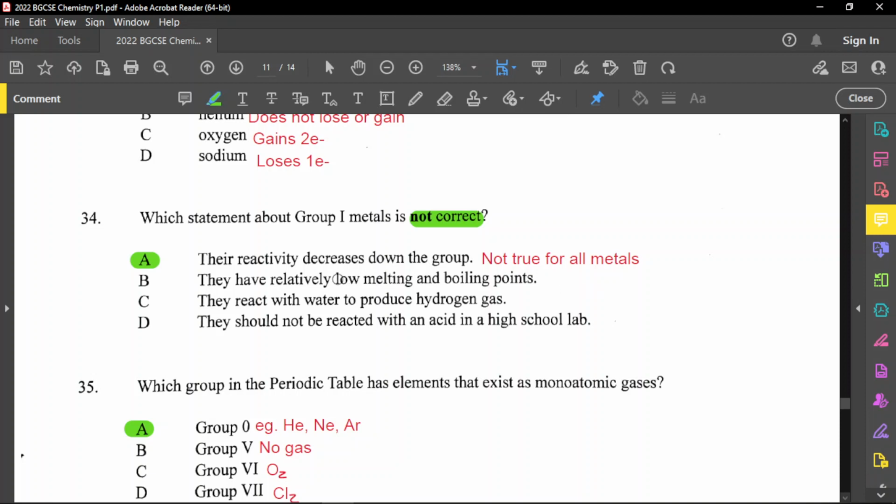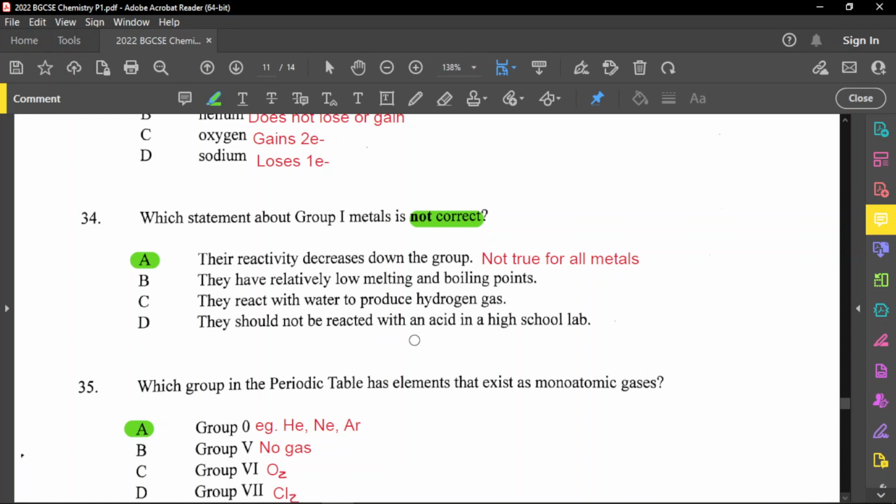They don't need to go through it. If you want to go through the other points, that's fine. As a matter of fact, let me run through them real quick. It said they have relatively low melting and boiling points, which is not necessarily true. They have high melting and boiling points because they're really harder to break down and melt and all those type of stuff. All right, they react with water to produce hydrogen gas, which is a true thing, because most metals, especially reactive metals, are highly reactive with water.